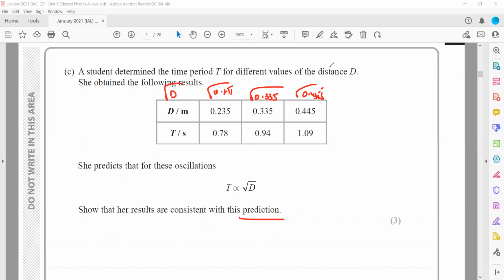So we'll take the root of these values, and whenever two quantities are directly proportional, the ratio is constant. Like here, if T is proportional to the square root of D, the ratio between T and the square root of D should be constant. So how can we show this? We'll take the root of all the values of D, and then take the ratio T over the square root of D. If we get the same answer for all the values, then we say they are directly proportional as the ratio is constant.